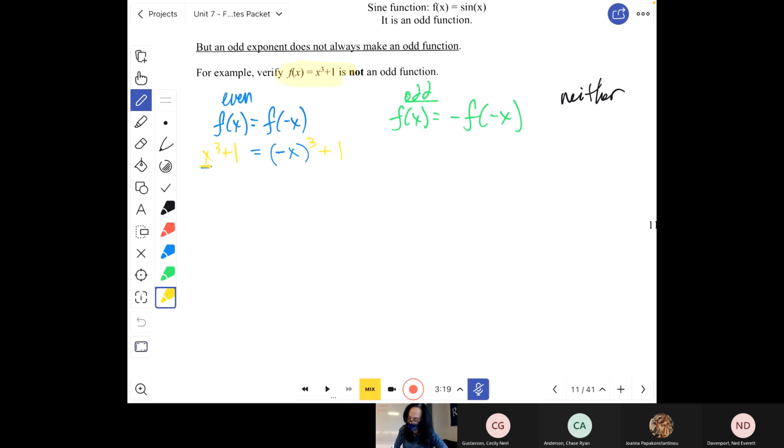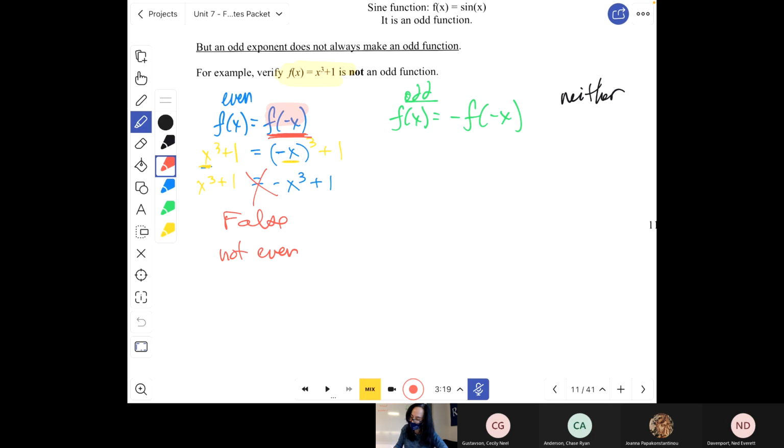You see how I just took out the x and I replaced it with negative x. What is negative x cubed? Negative x times negative x times negative x. Does that equal f of x? False. So it's not even.